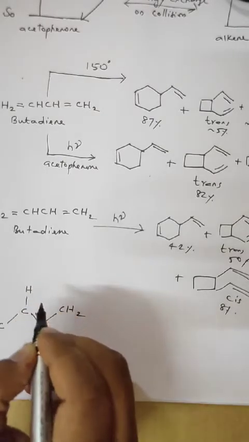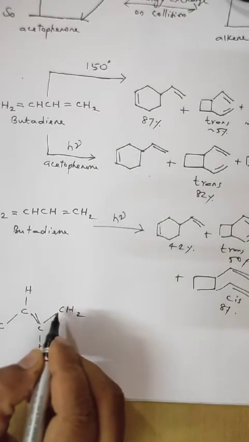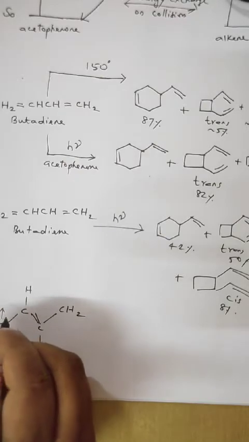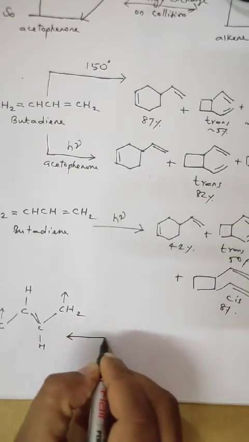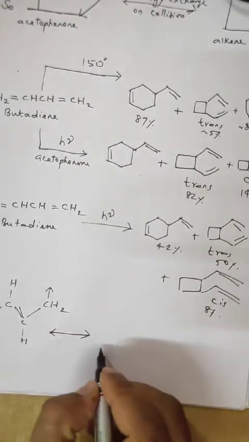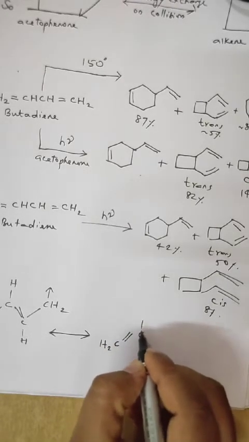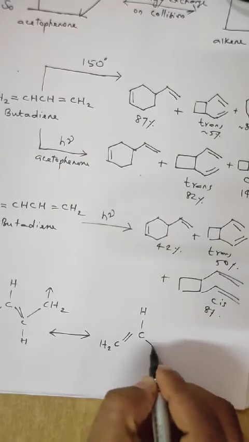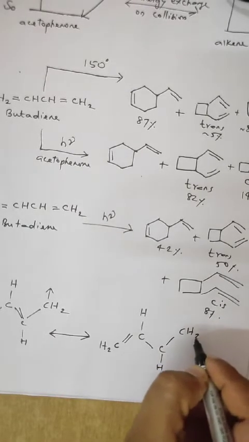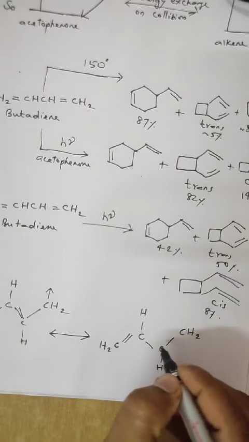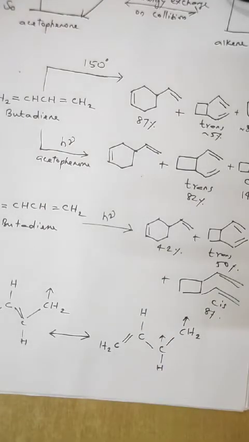This is another hydrogen. CH2, CH2. So now here one. Now what about the second resonance structure like this: CH2 double bond CH. Now you have another CH, then you have CH2. So here you have one, here you have one, understand?